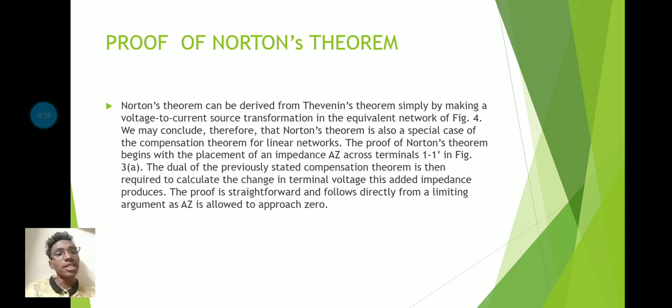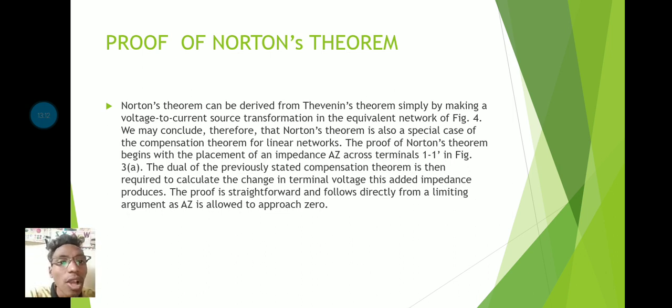Now we prove Norton's theorem. Norton's theorem can be derived from Thevenin's theorem simply by making a voltage to current source transformation. In the equivalent network of fig 4, we may conclude therefore that Norton's theorem is also a special case of the compensation theorem for linear networks. The proof of Norton's theorem begins with placement of an impedance ΔZ across terminals 1-1' in fig 3a.